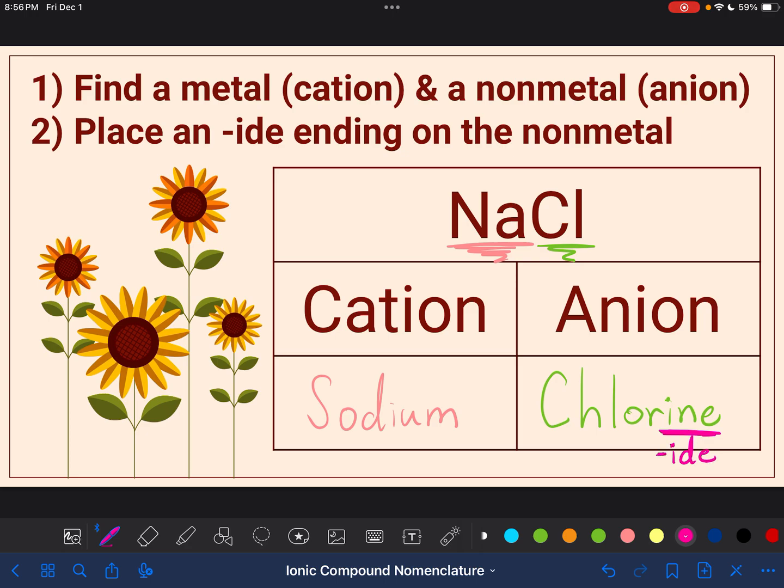That's usually the easiest way to do it. Other than that, I highly recommend that you sound it out and see if it sounds more fluent. If it doesn't, then that's probably not the right anion.